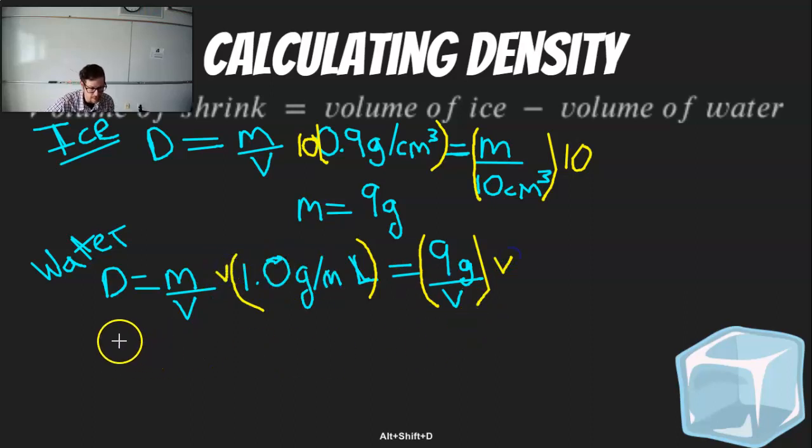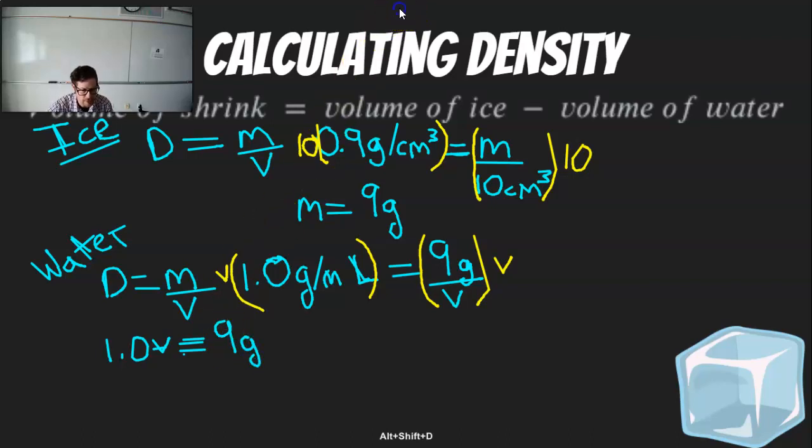And so what does that leave us with? It leaves us with, back to my other color, 1.0 V equals 9 grams.